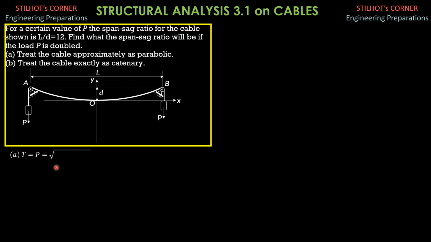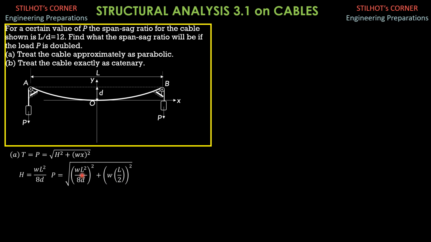For part A, tension equals P equals the square root of the horizontal component of tension square plus the vertical component of tension quantity square in general, where x is L over 2 or 0.5 L and H is WL square over 8 times the sag. So WL square over 8 times D, that's H. Substitute into the formula, P equals the square root of WL square over 8D quantity square plus W times L over 2 quantity square.